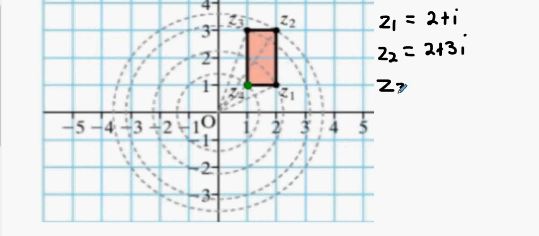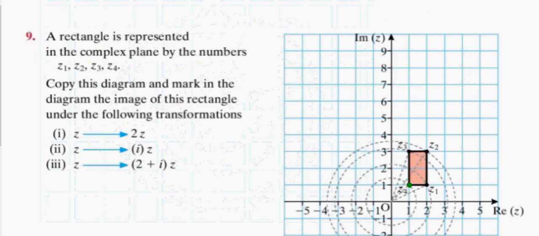Somebody's getting the sack today. Z3. It's not me, oddly enough. Now, what? Go on. And Z4, 1 plus 1i.